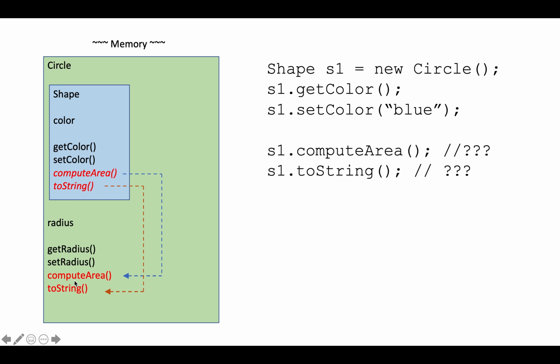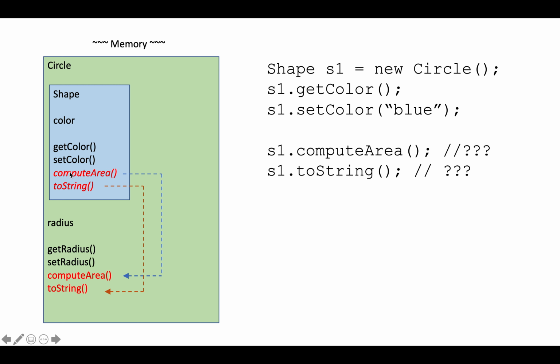Okay, so this slide right here is sort of critical to understand, and it makes understanding casting a lot easier. When I refer to this blob in memory as a shape, I can only execute the functions that are inside this blue box. But some of the functions, like computeArea and toString, actually have been overridden.